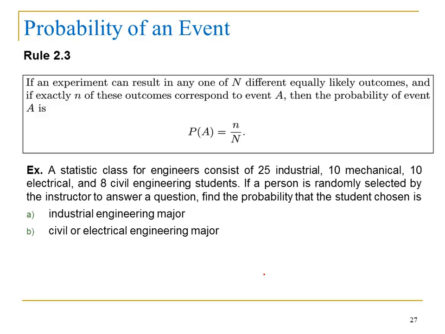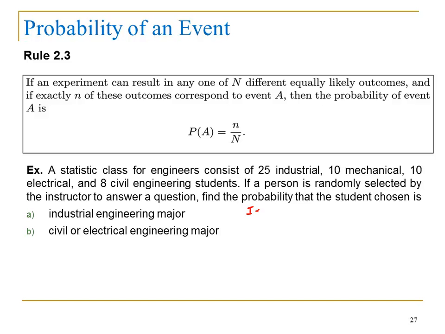So let's say I select you. What is the probability that he is from industrial engineering based on these numbers? I'm not asking him, I'm just trying to put you in the scenario. That's correct. Okay?